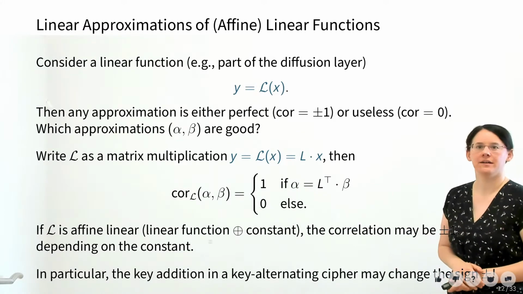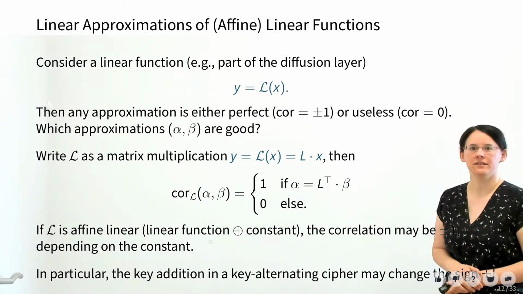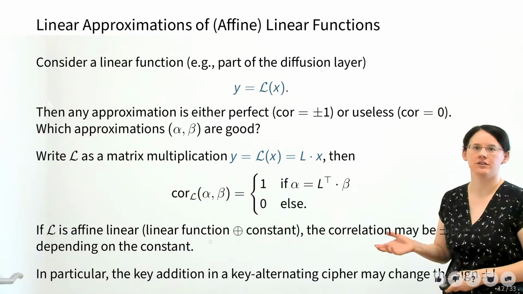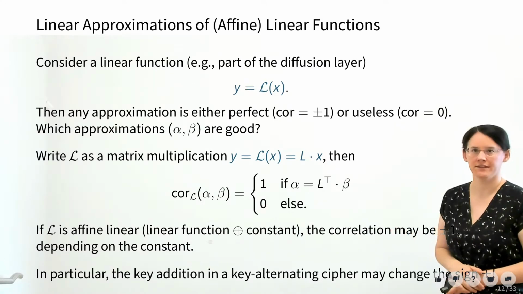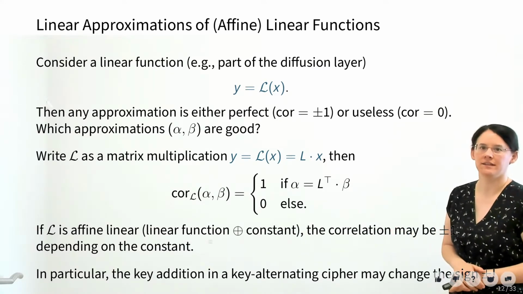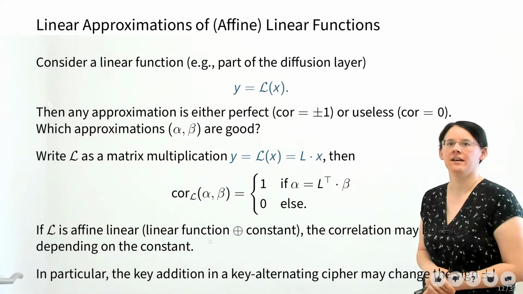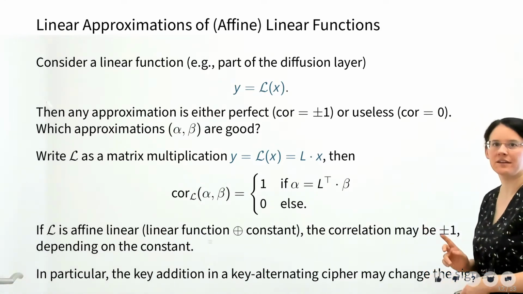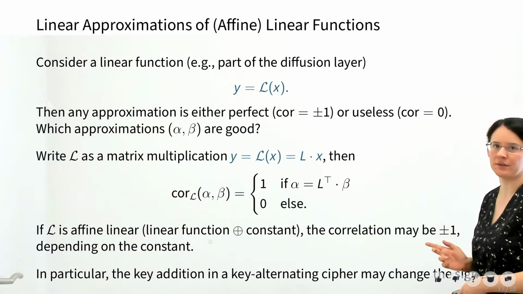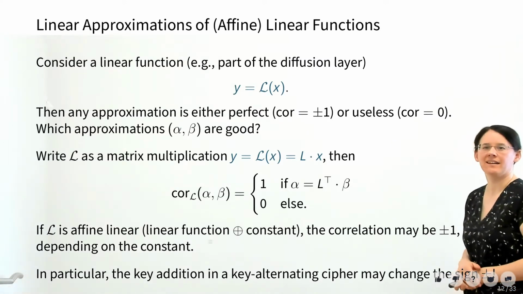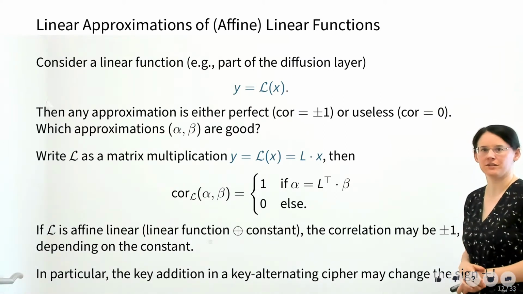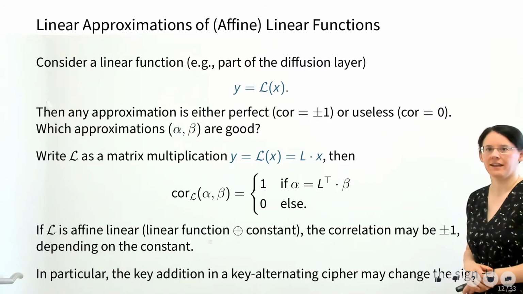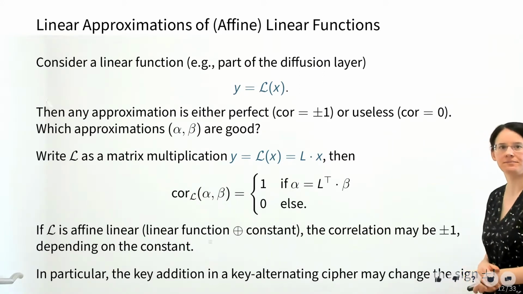So if we're looking at an affine layer, which means it's a linear function plus potentially a constant, then the correlation additionally depends on the constant. So it's either plus or minus 1, depending on that constant. And one specific case of this constant addition that we're interested in is the addition of the key.